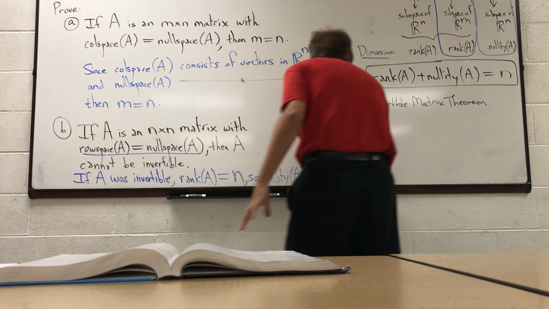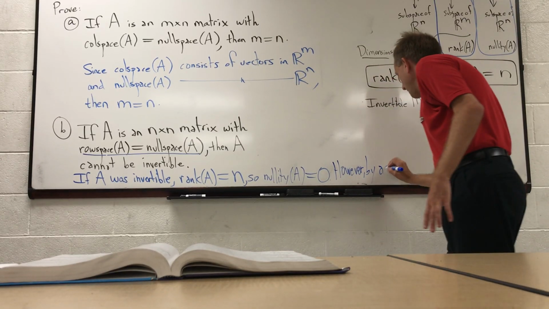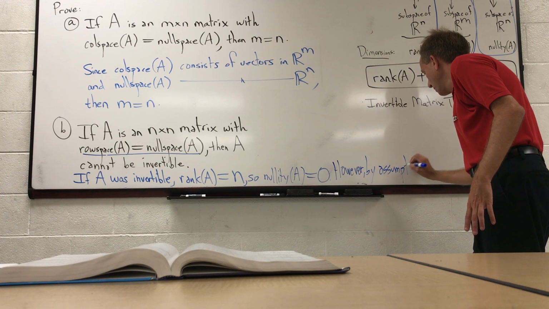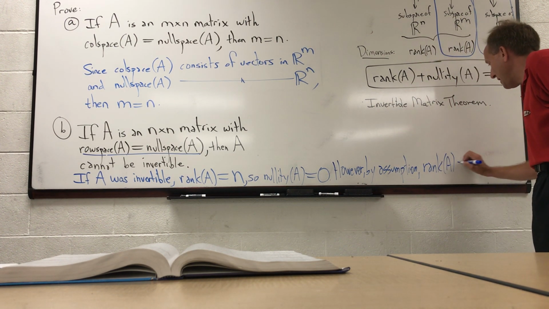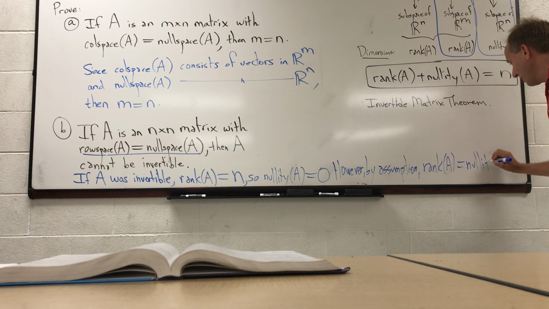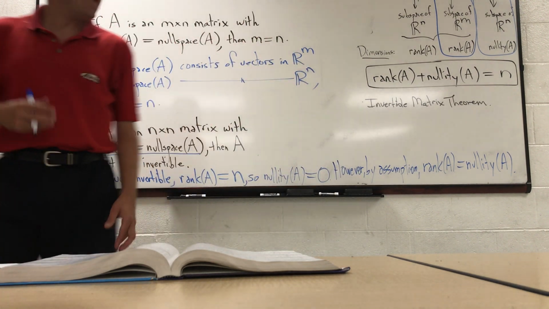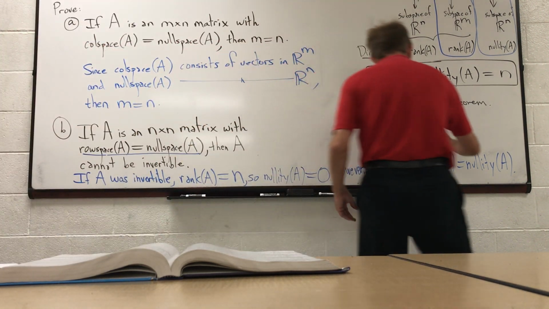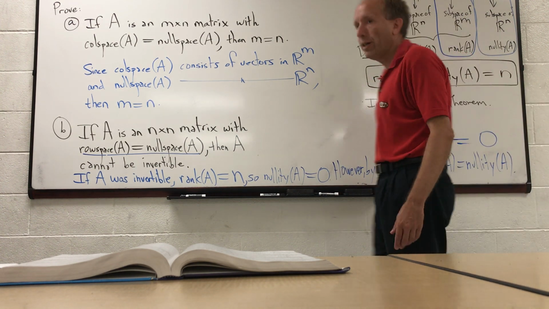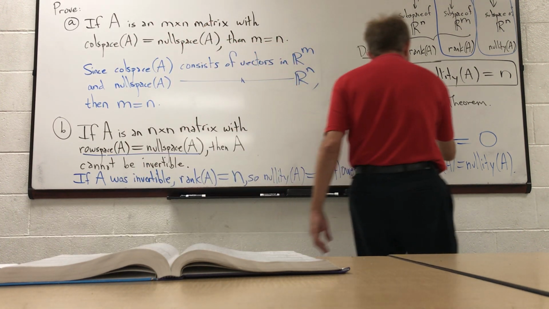So, by the assumption, the rank of A is supposed to equal the nullity of A, because the row space and the null space are the same. And now you see the problem is that n is therefore equal to 0, and that's obviously a contradiction.